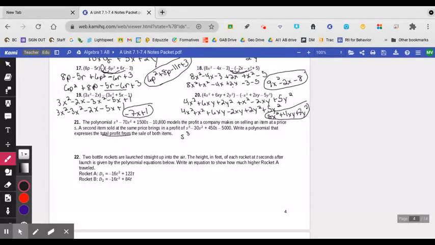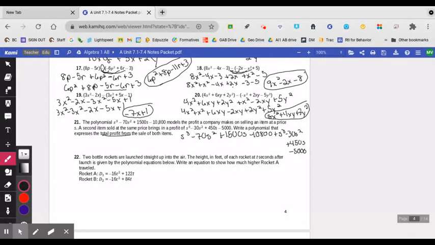So I'm going to do s cubed minus 70s squared plus 1500s minus 10,800 plus s cubed minus 30s squared plus 450s minus 5,000.